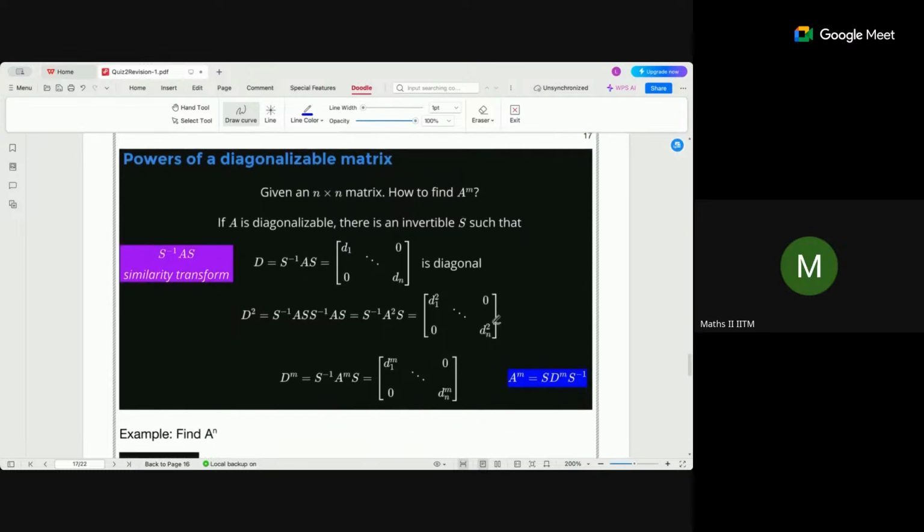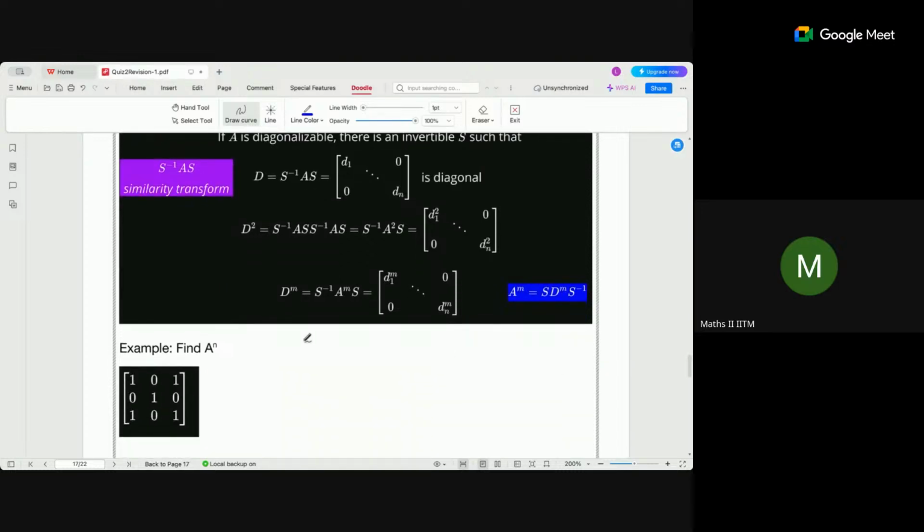You simply do the rearrangement and then you will have A power m is equal to S times D power m times S inverse. So you simply have to calculate the powers of a diagonal matrix. How do you calculate the powers of a diagonal matrix? You take the powers of each of the diagonal entries, that's all. As simple as that, right? So to find the power of A, you calculate S D power m S inverse.